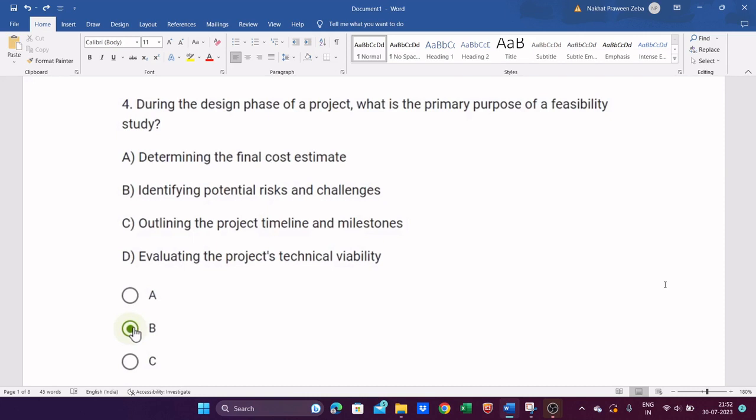Because if you analyze at the beginning stage, then we can implement in the later stages. So B will be the right answer according to me as per the given options, because obviously financial will be there, timeline will be there, technical will be there, but which one should we select? So I think the odd one out: identifying potential risks and challenges.